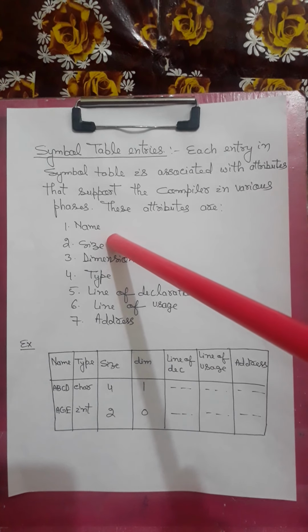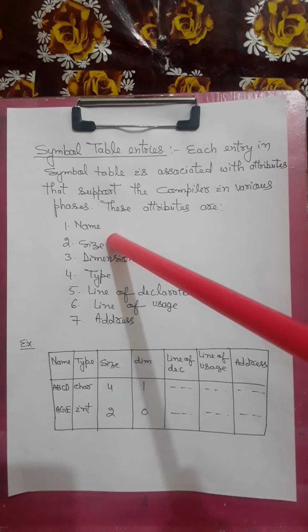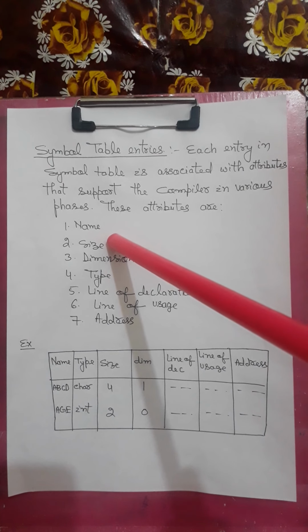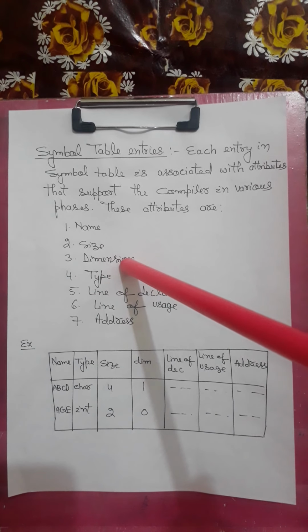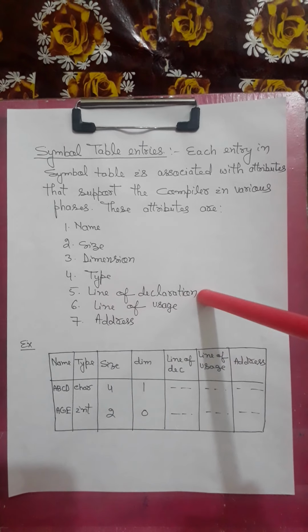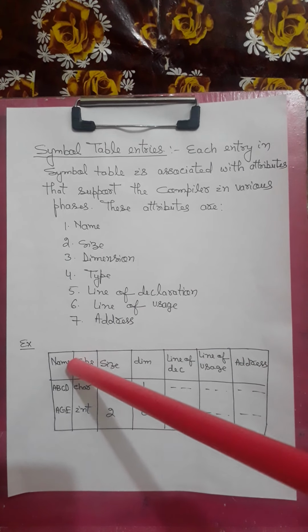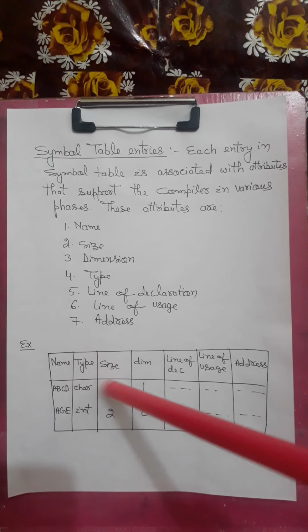Similarly, the size of the data type. In this case, a is a variable and its data type is integer, which takes 2 bytes. Similarly, dimension, type, line of declaration, line of use, and address. These attributes are arranged in this way.